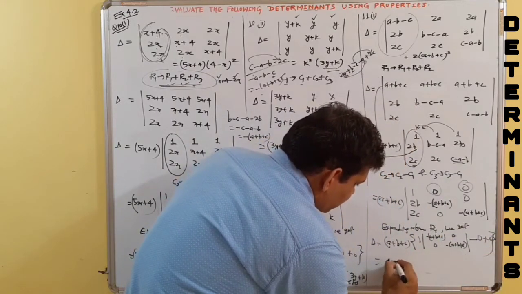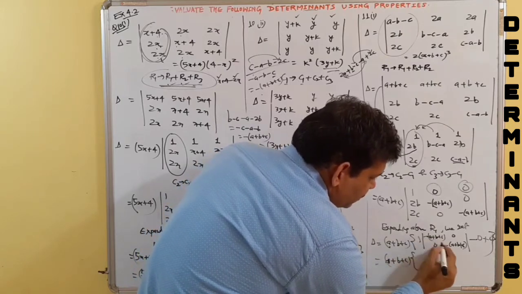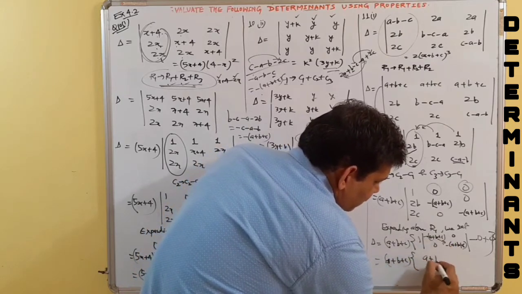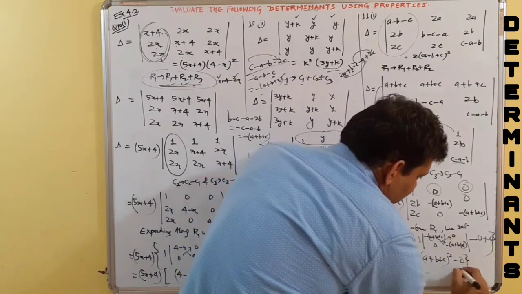So this is (a + b + c) multiplied by minus into minus is plus, (a + b + c) whole square minus 0, that is (a + b + c) whole square.